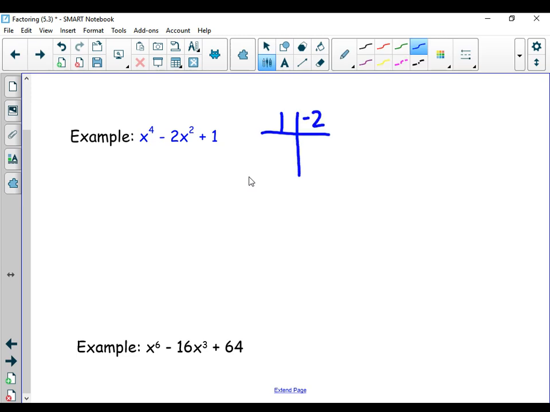What are they? -1, -1. So what I can do is split apart the middle, but instead of writing just 1x, I'm splitting apart x squared, so I have to write 1x squared. Okay. Factor by grouping.